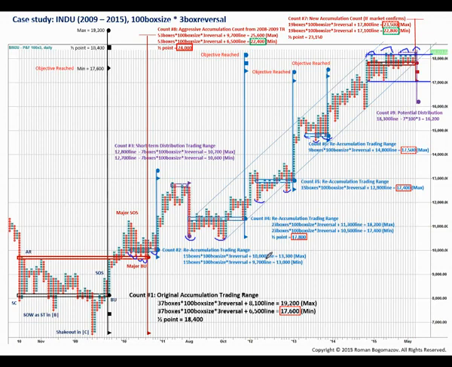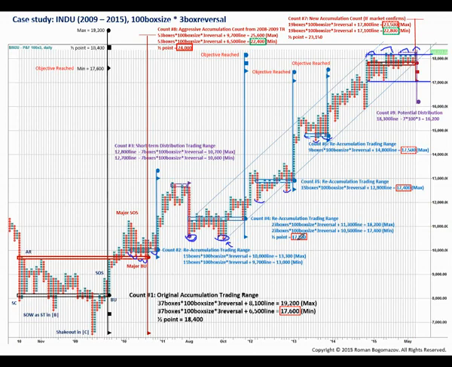So now we get over to the next stepping stone, and you can see that the last thing this stepping stone does, after it climaxes and sets the range, is it jams all the way back down to the bottom and springs the low. And then once it's done that, it can start to mark up.